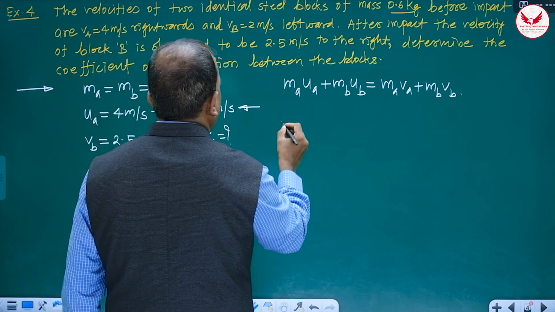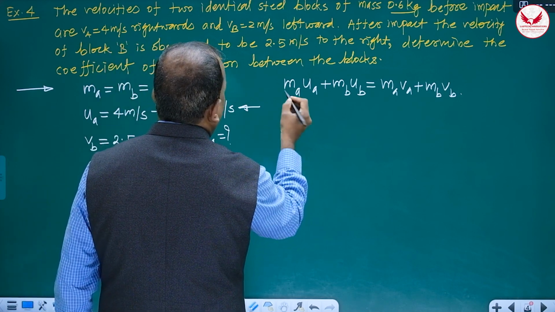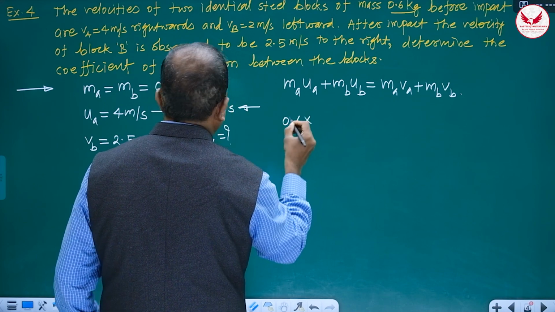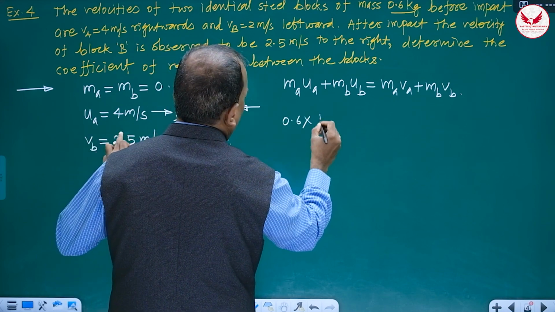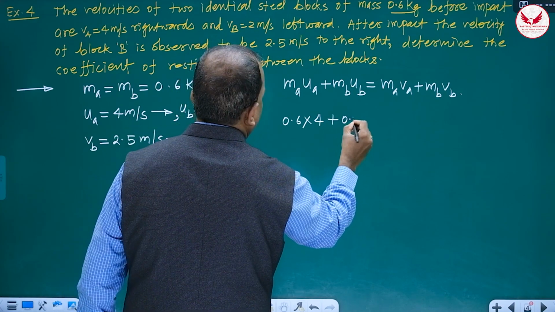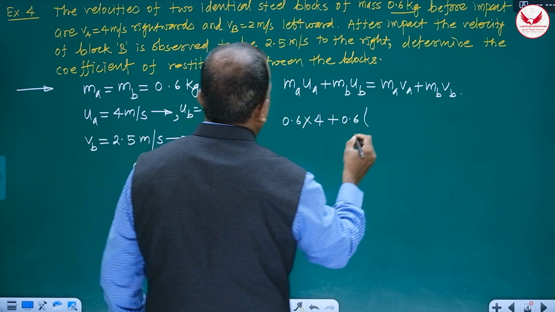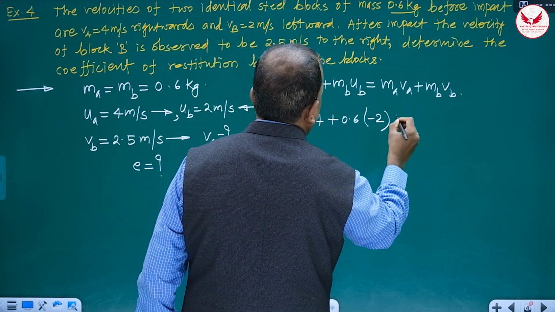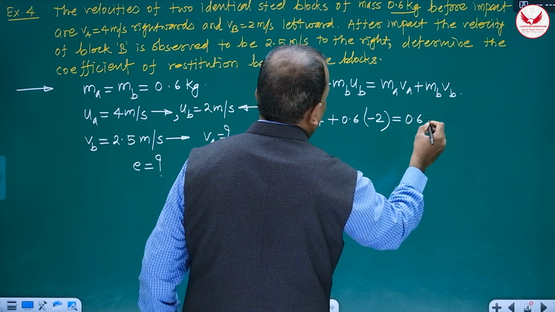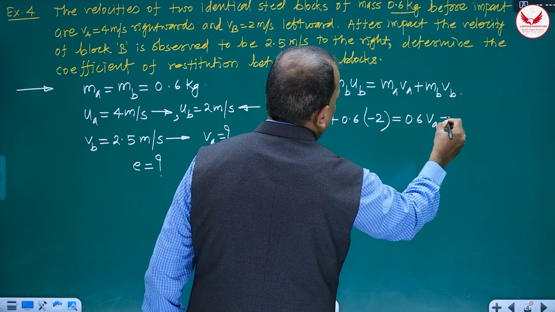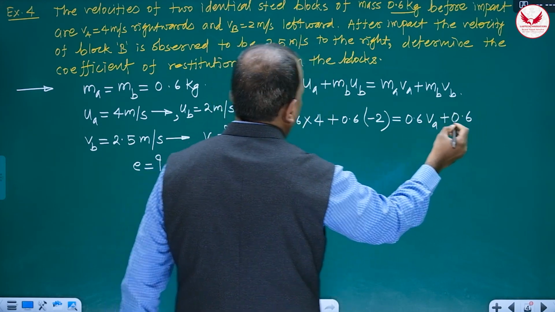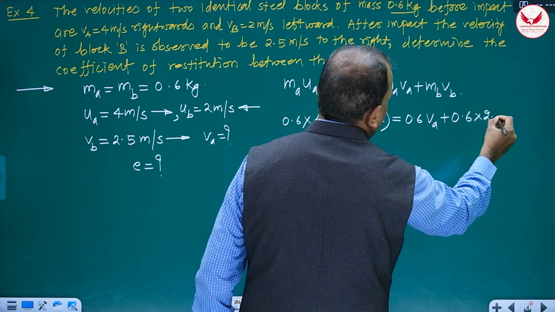MA and MB will get cancelled. 0.6 into UA, 4 towards right, plus 0.6 into UB, minus 2, is equal to 0.6 VA plus 0.6 VB, with VB being 2.5 towards right.